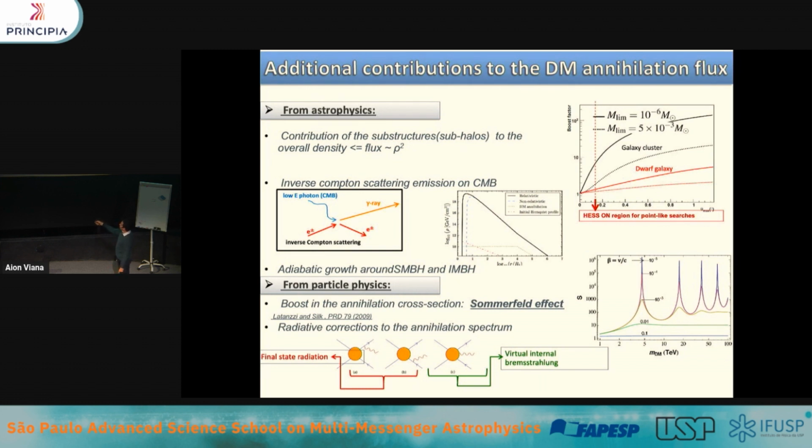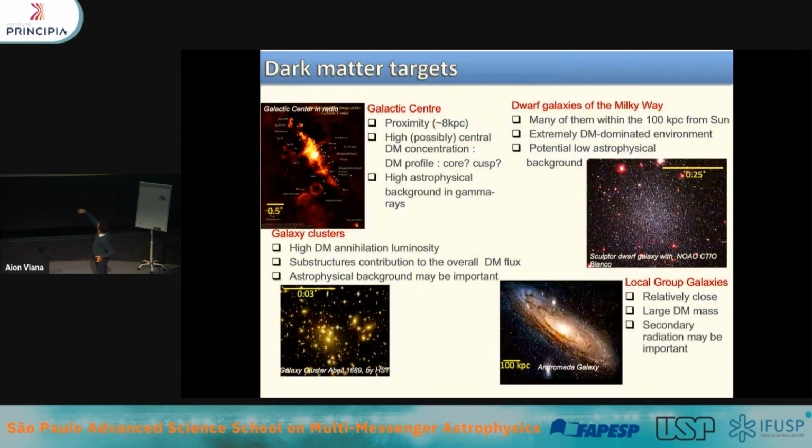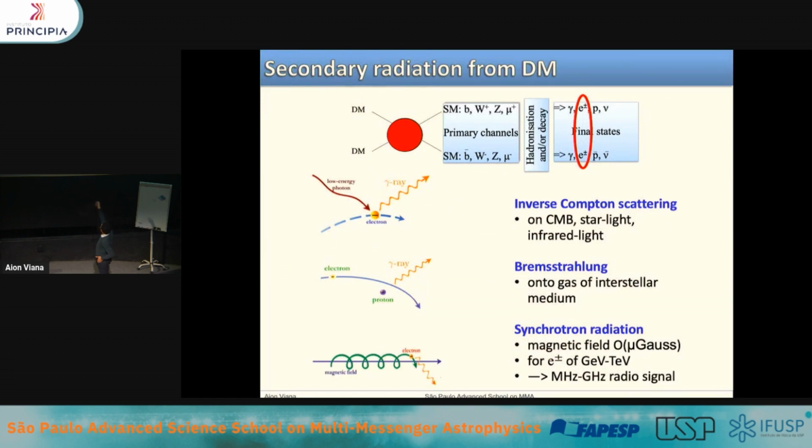We can also have radiative corrections, which are basically, if you have charged particles also in the final state, you can have virtual internal Bremsstrahlung, final state radiation, radiative corrections on the spectrum, and you generate lines. We can also have secondary radiation in the case where you produce charged particles in the final states.